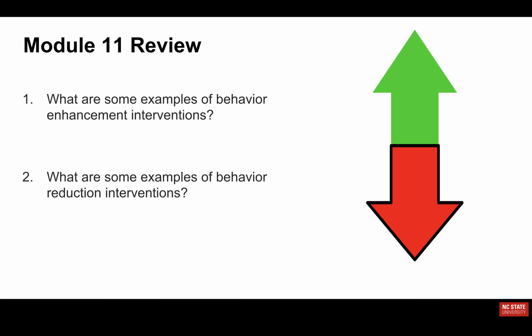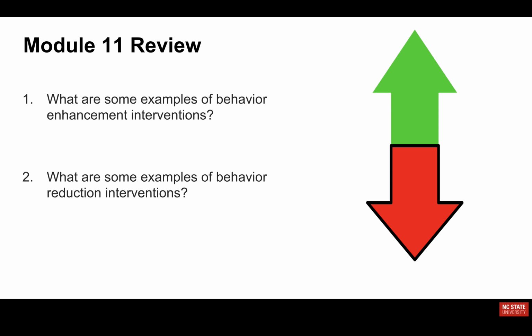And then you want to be able to review, define, and describe behavior reduction interventions that you would like to implement, or that are evidence-based strategies for reducing problem behaviors. Having completed Module 11, you should be able to identify those considerations for addressing problem behavior, but also be able to identify both behavior enhancement interventions and behavior reduction interventions.